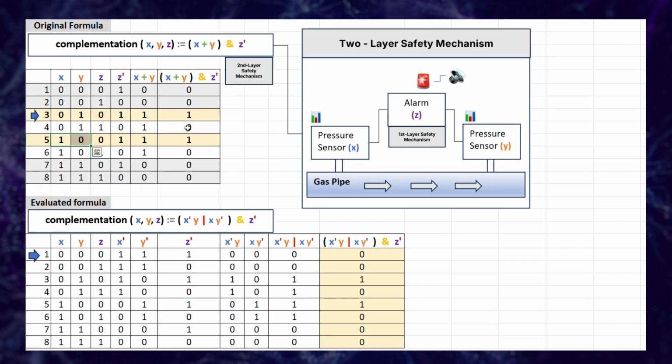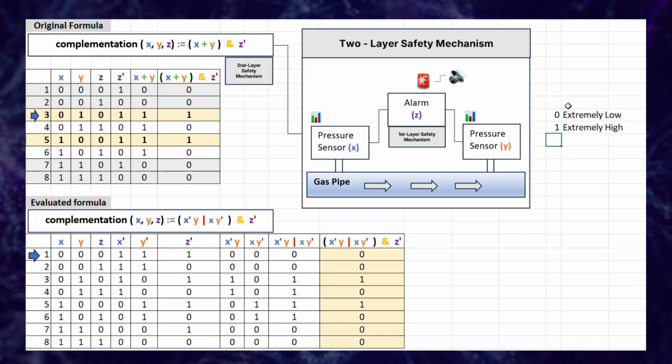So let me just imagine, if this is 0, it's extremely low pressure. If it's 1, maybe it's extremely high.